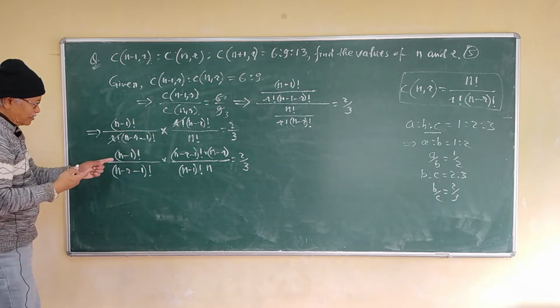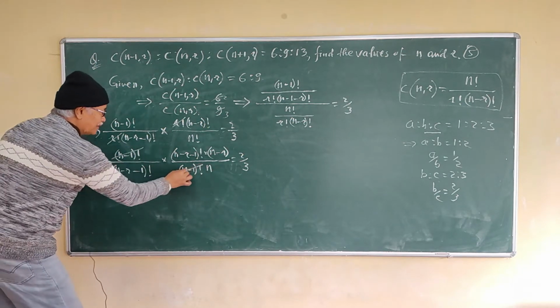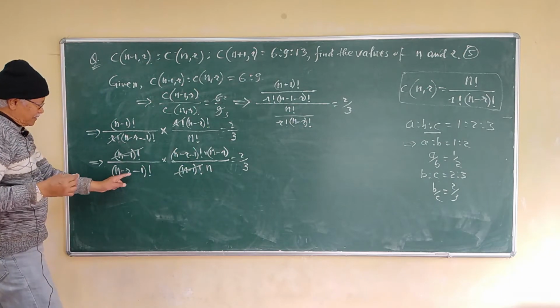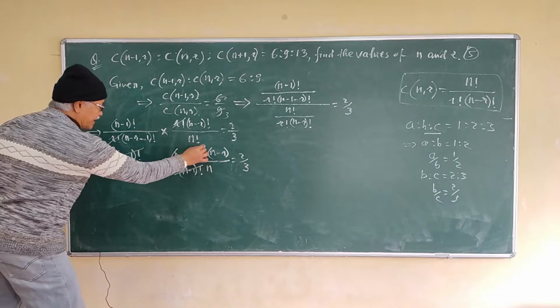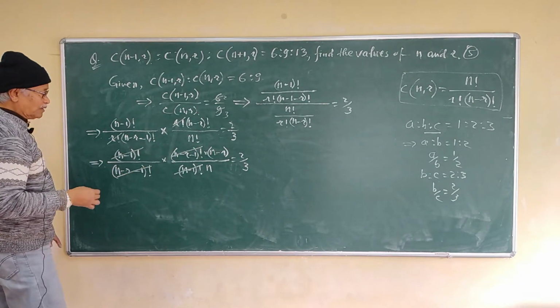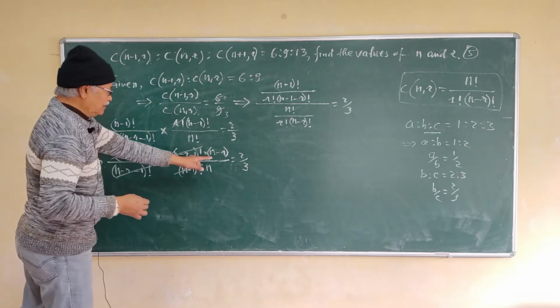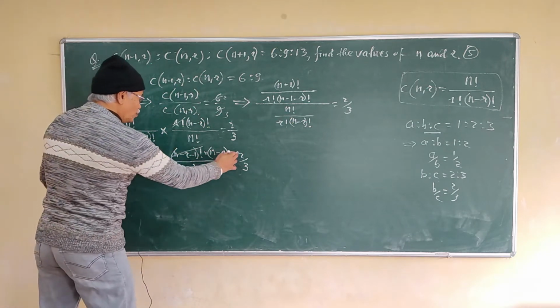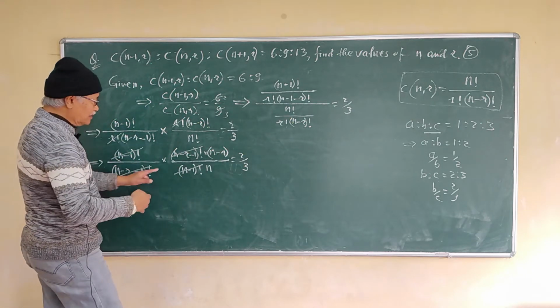Okay. Now the cancellation, these two are identical, (n minus r minus 1) factorial and (n minus r minus 1) factorial, you can cancel them away. So you are left with certain kind of relation here, that is twice n. You cross multiply, this part has already cancelled.